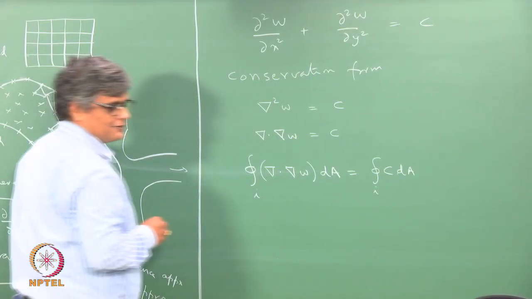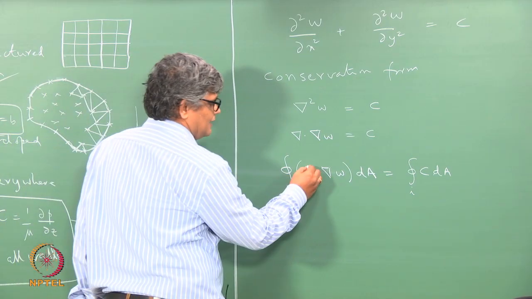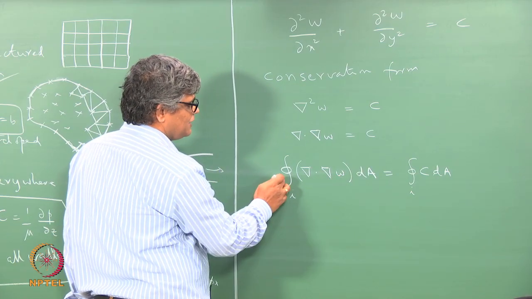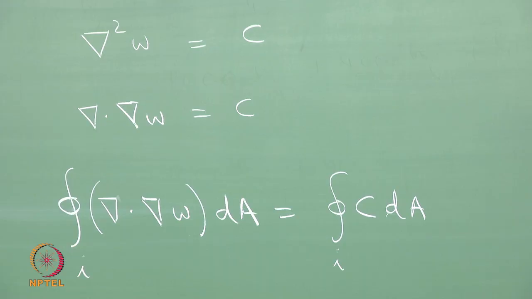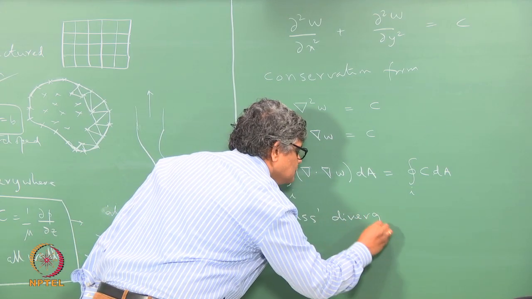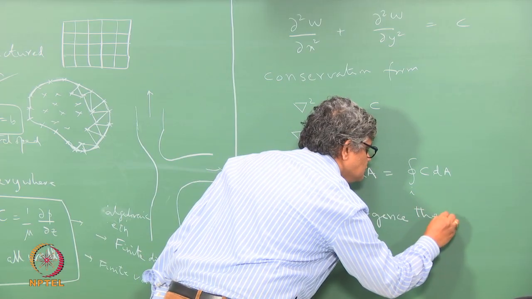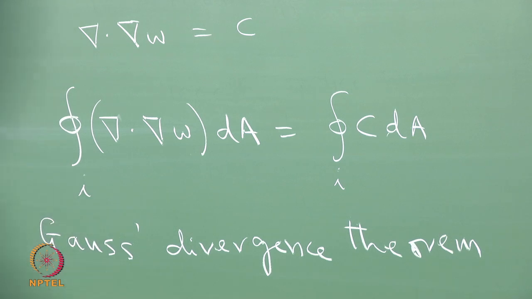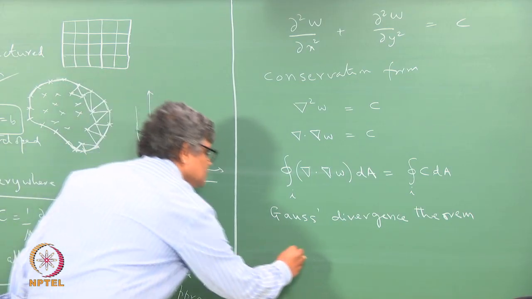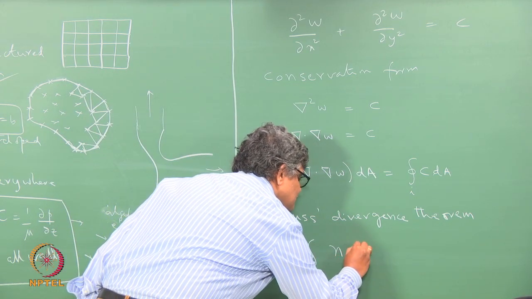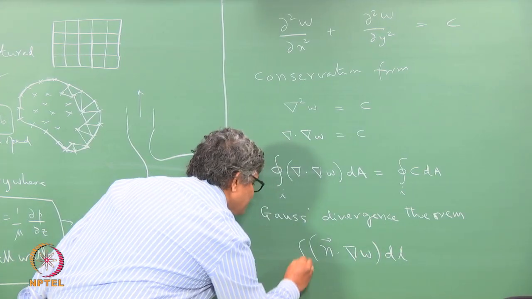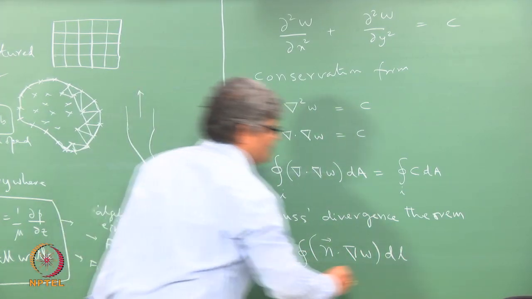Now, this is a special type of integral. This is a divergence of the gradient of W, which is being integrated over a closed surface, and we can make use of Gauss's divergence theorem to convert this equation, which is an integral over the area, into an integral along the closed boundary of that particular cell.